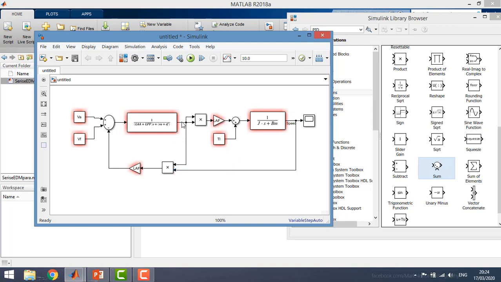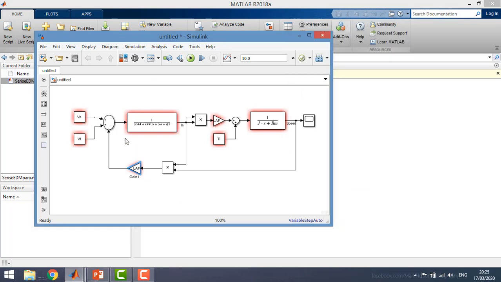We have the armature current, the armature voltage, the field voltage, and the load torque, plus the mutual inductance between the armature and the field winding.